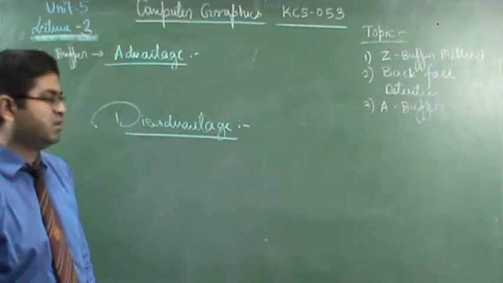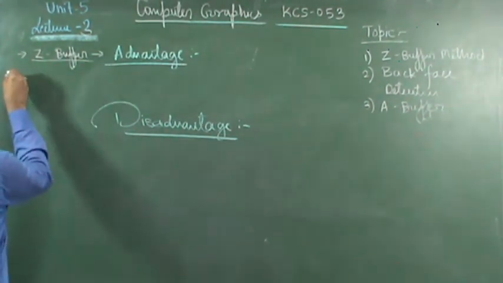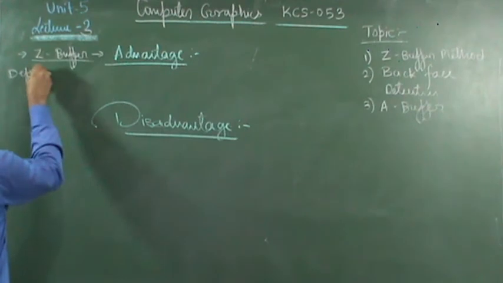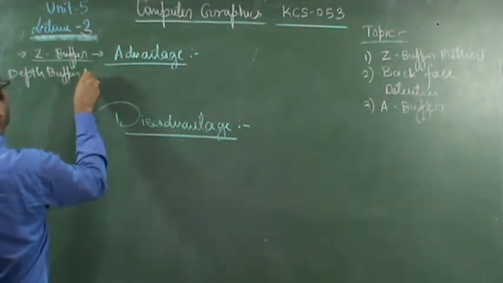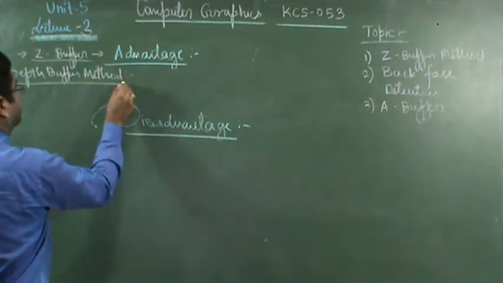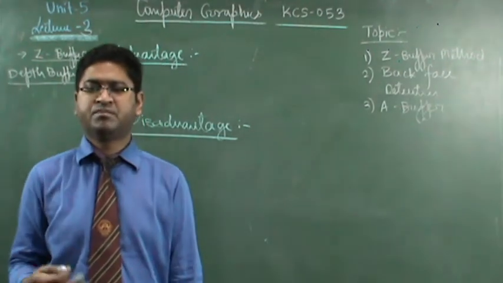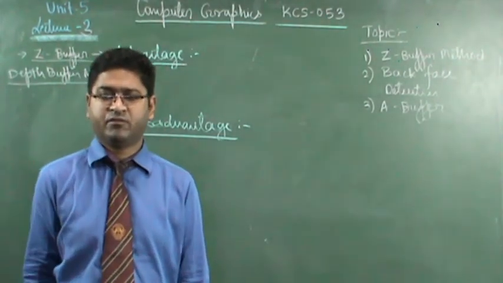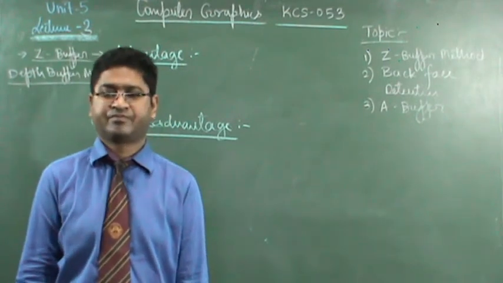It is easy to implement because the synonym of this Z buffer is depth buffer method. So it reduces the speed problem if implemented in hardware. It processes one object at a time.